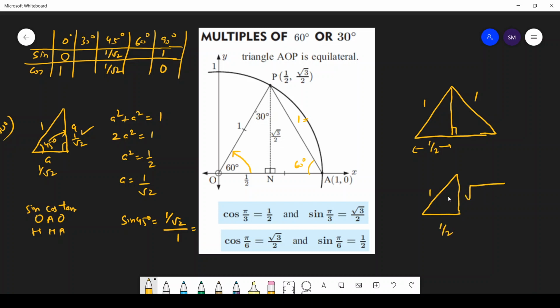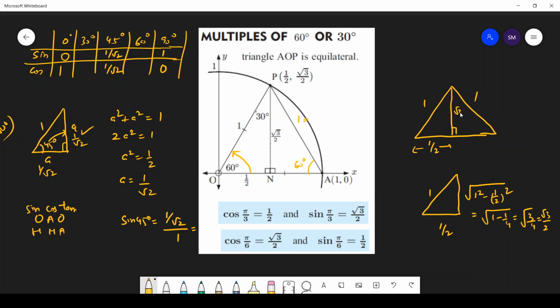So what will this side be? Hypotenuse square minus this base square, and this comes out to be 1 minus 1 by 4, which is equal to under the root 3 by 4, and that equals root 3 by 2.